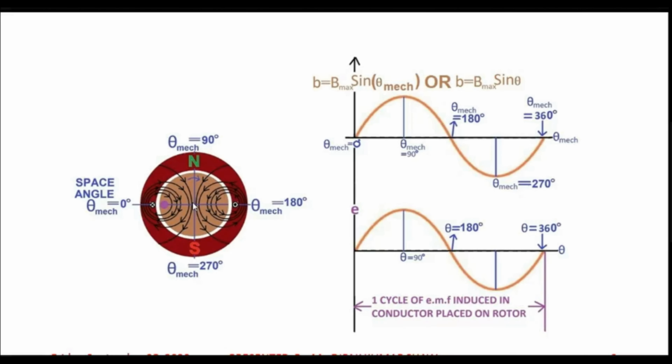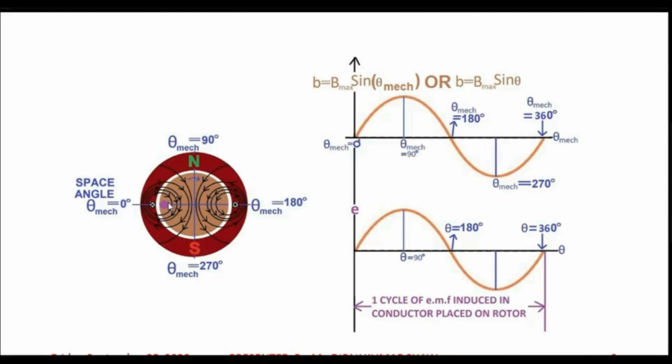So using the formula V, that is peripheral velocity, V equals pi d n, where d is the diameter of the rotor and n is the speed of the rotor in rps.